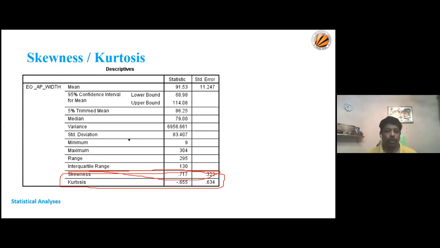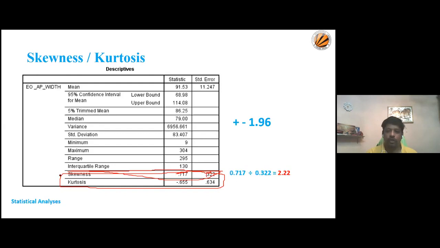How would you do this? The first thing is to take the statistic value, the mean value, and the standard error, and divide this value by this.